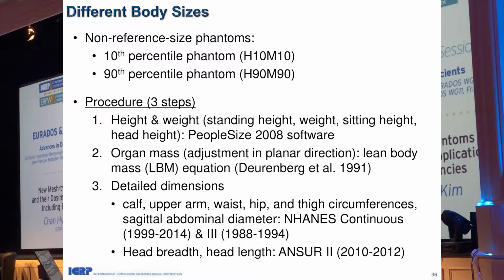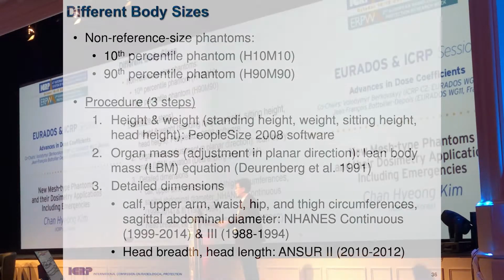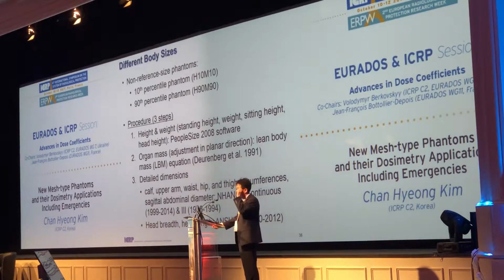When we calculate the dose coefficients for industrial radiography sources, we use the mesh phantom, the reference size phantoms at least. But in addition to using the mesh phantoms of reference size, we also use non-reference size phantoms. That is to consider very small people or very large people.